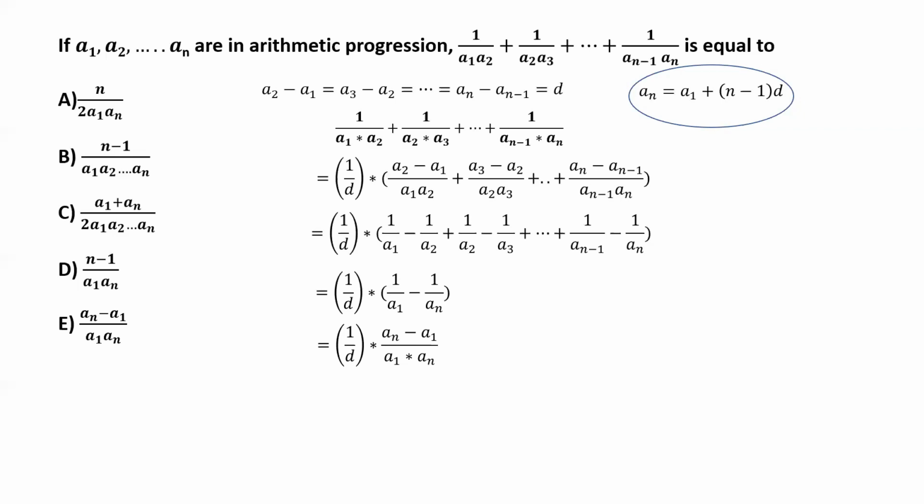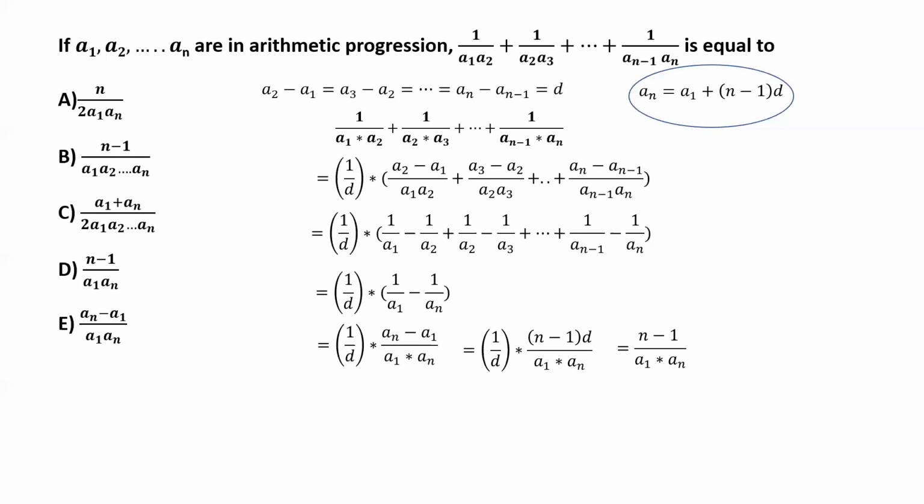From this relationship, we can easily note that the difference between an and a1 is simply n minus 1 multiplied by d. And that's what we have in the numerator in this expression. So we can substitute the numerator by n minus 1 multiplied by d. Then d and d get cancelled out from numerator and denominator, and we're simply left with n minus 1 divided by a1 multiplied by an.